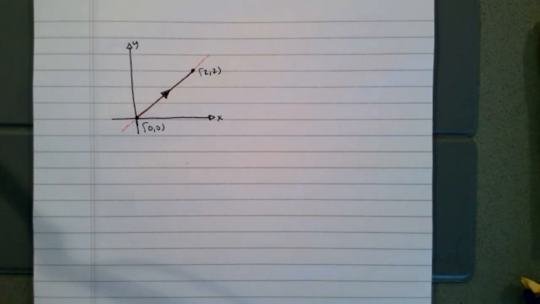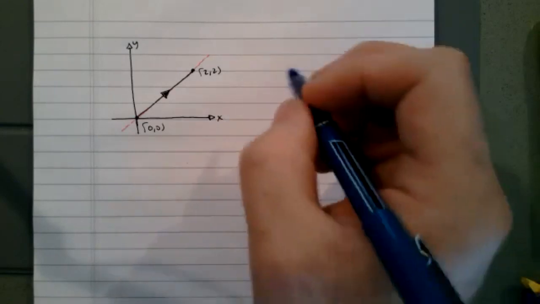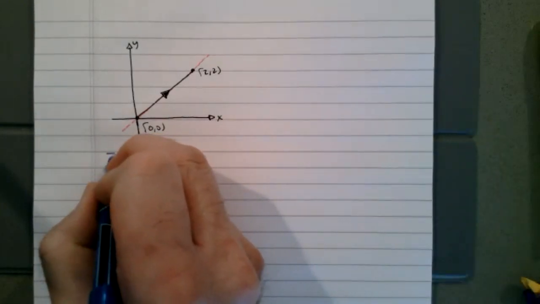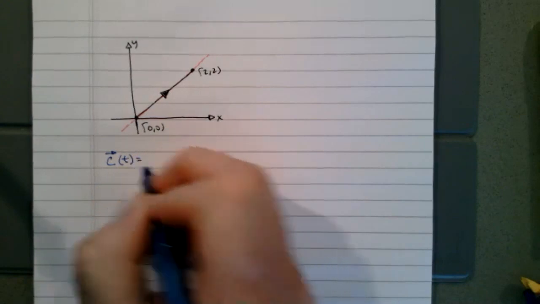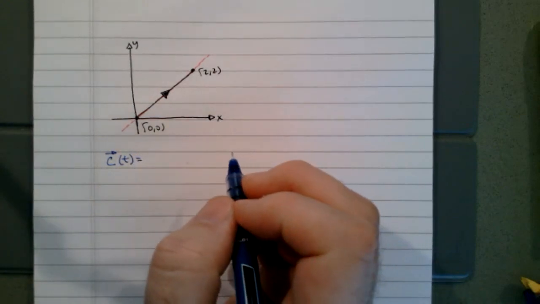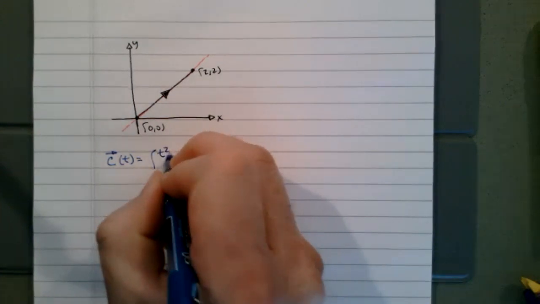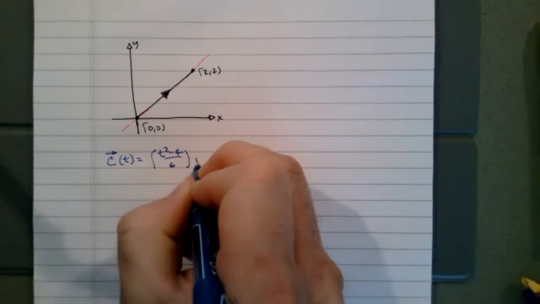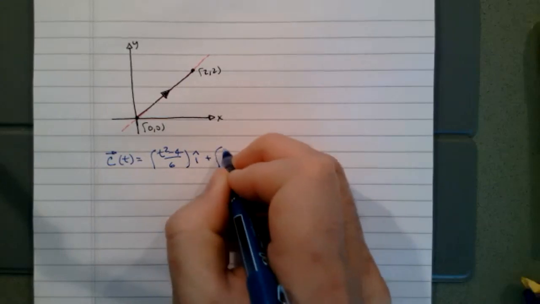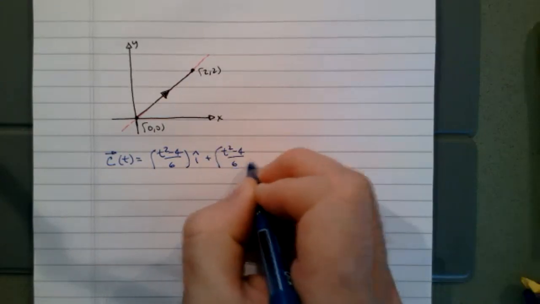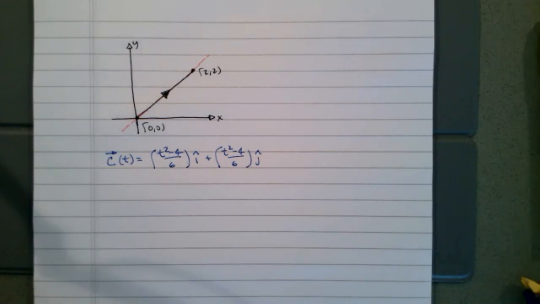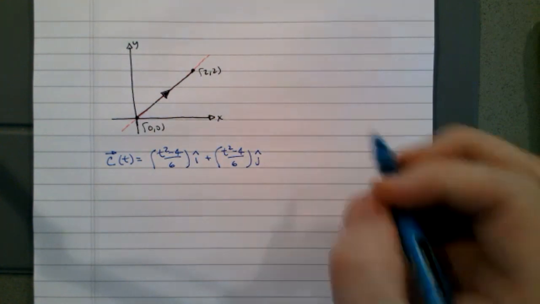And here we're suggested a different parameterization. So in this case, c of t is going to be t squared minus 4 over 6 times i plus t squared minus 4 over 6 times j. We should check, does this go from 0, 0 to 2, 2?